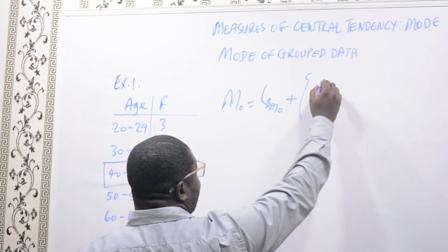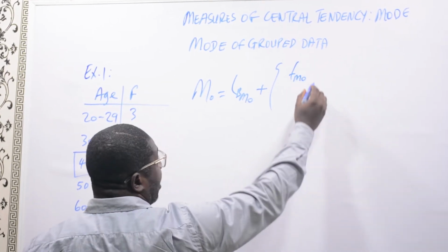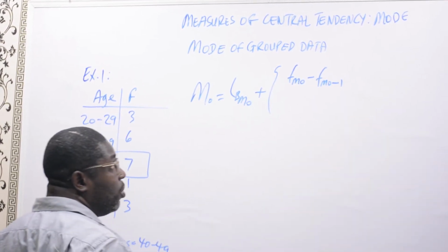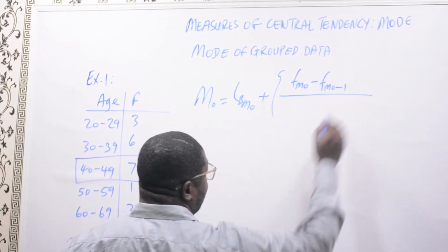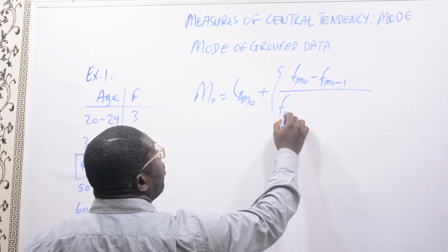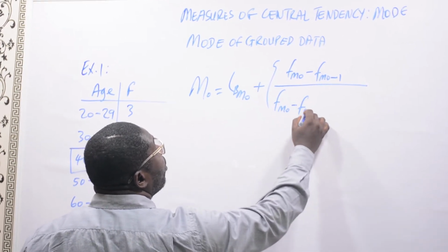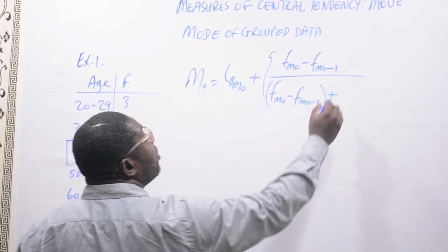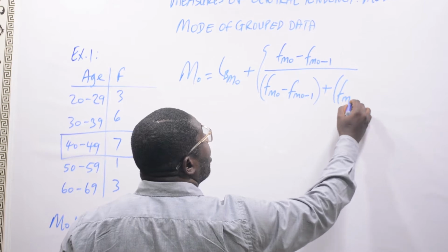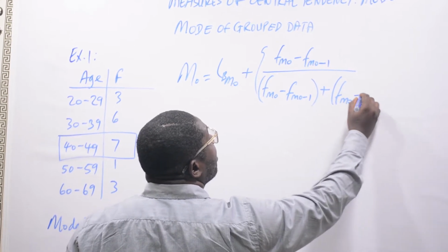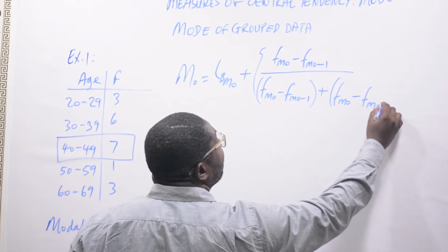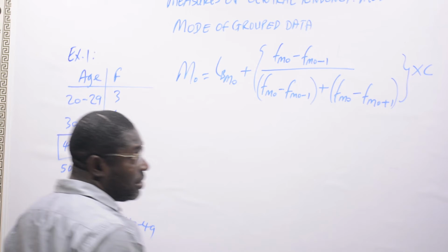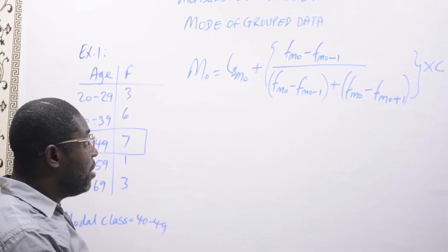Here we're going to have frequency of the modal class minus frequency of the class before the modal class, divided by frequency of the modal class minus frequency of the class before the modal class, plus frequency of the modal class minus frequency of the class after the modal class, and then multiply by the class size.